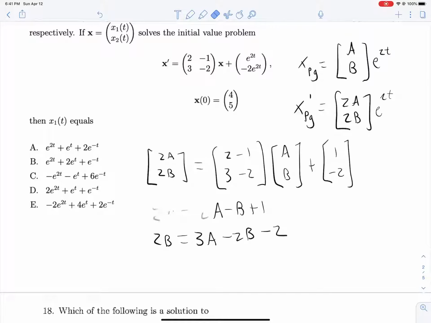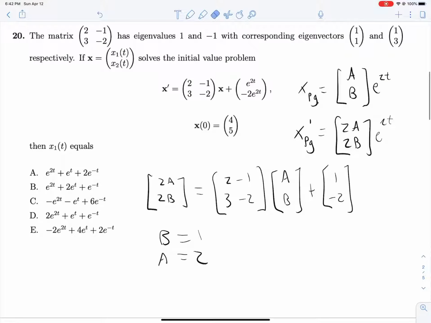Rearranging this first equation, we see that b is equal to 1, and because b is equal to 1, we can take the 4b that we had here and replace it with 4, add our 2 over, and see that a is equal to 2. So our x particular of t is actually 2, 1, e to the 2t.